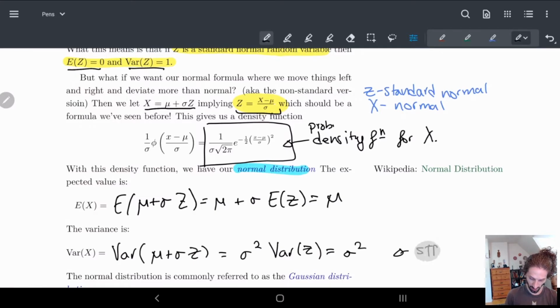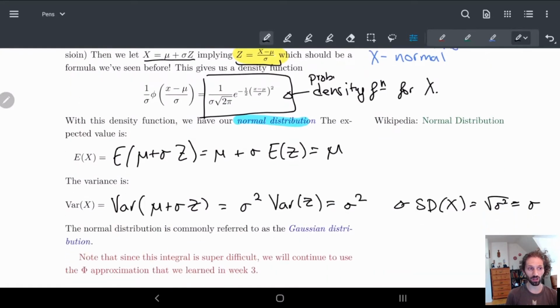The standard deviation of X is equal to the square root of sigma squared, which is equal to sigma. And that is why we call mu the expected value and sigma the standard deviation. This is where this terminology is coming from, because this is literally where it's coming from.